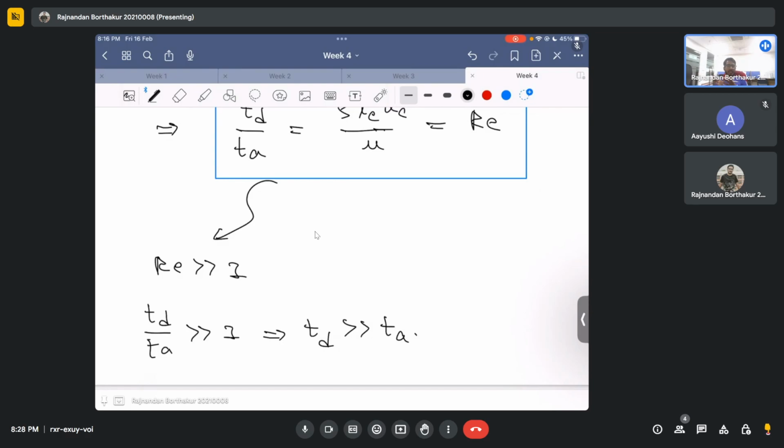We choose the lesser time scale because the change always occurs in the lesser time scale. So if the Reynolds number is high, we will always choose the advection term as our time scale.